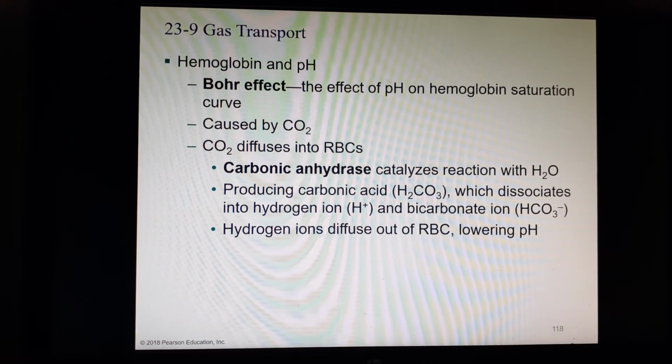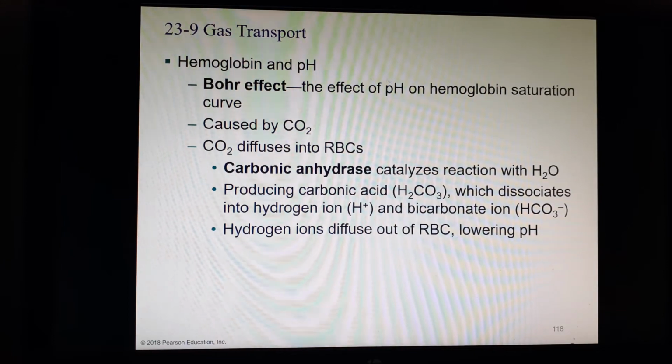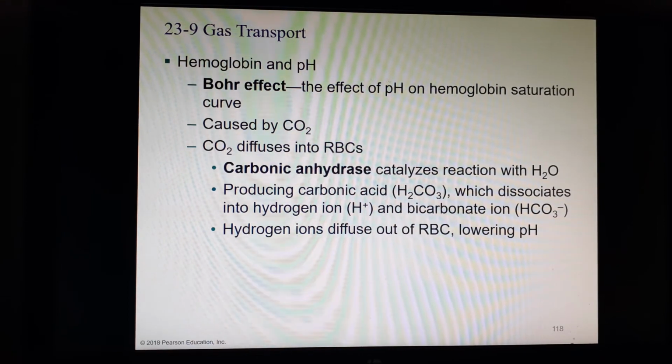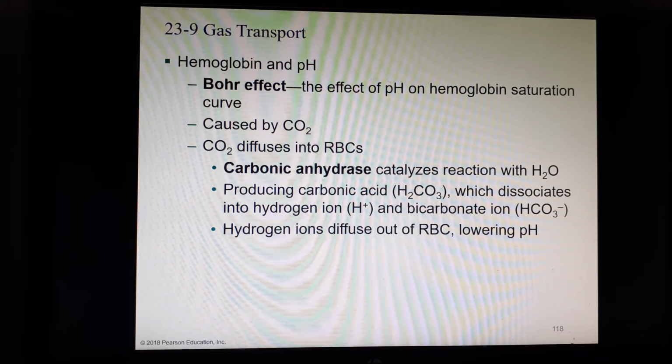So, hemoglobin and pH. The Bohr effect is that effect by pH. It's the effect of pH on the saturation of hemoglobin caused by carbon dioxide.